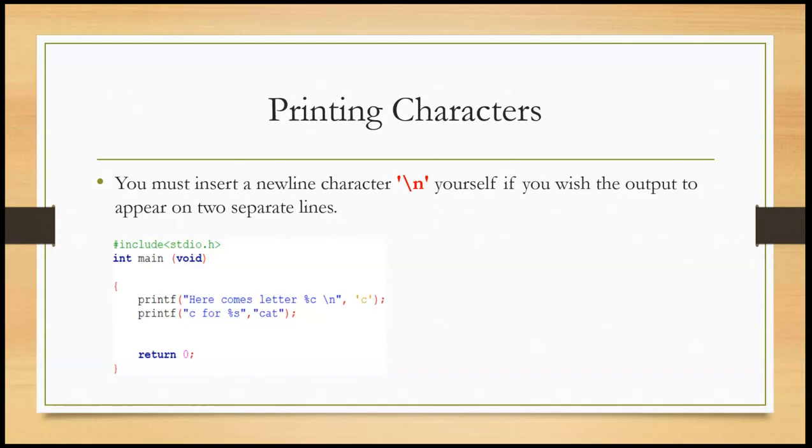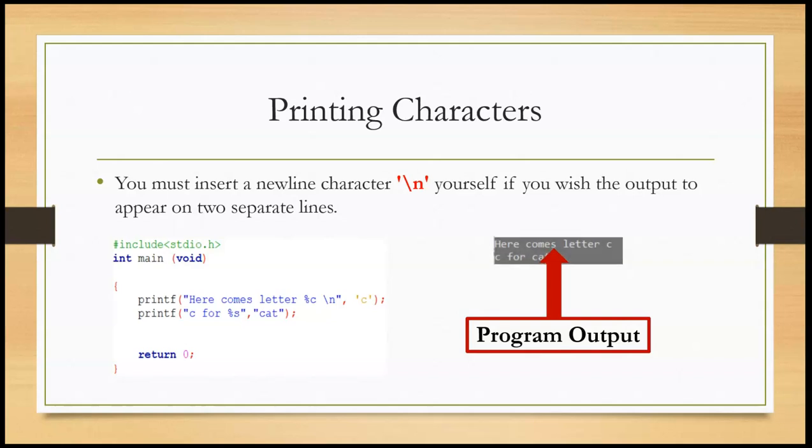Therefore, you must insert a new line character yourself if you wish the output to appear on two separate lines. Now, as you can see, the program output appears on two separate lines. Here comes letter C appears on the first line, and C for cat appears on the second line.